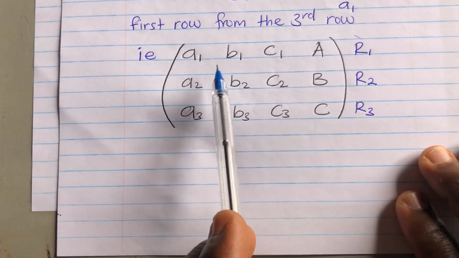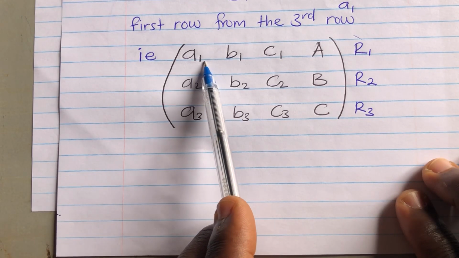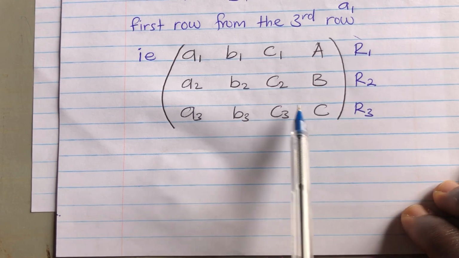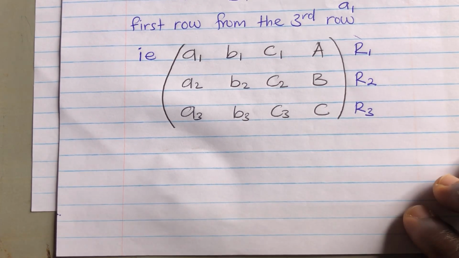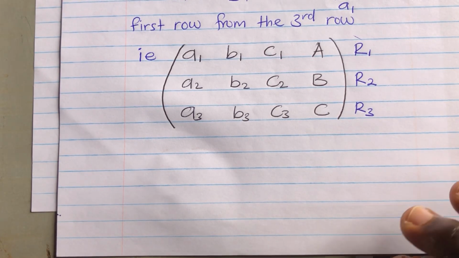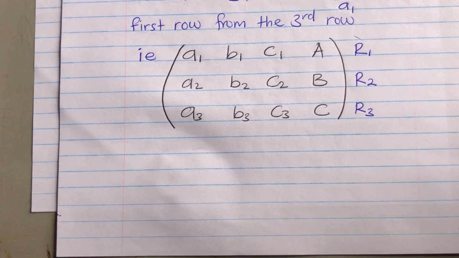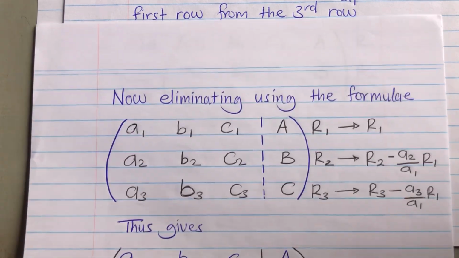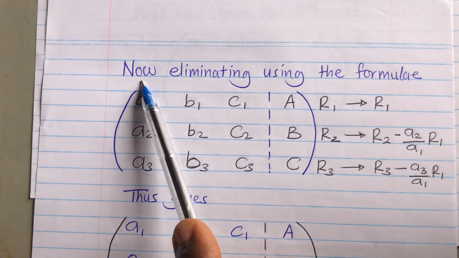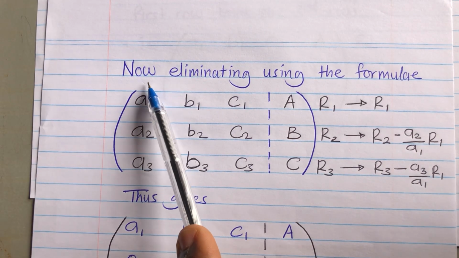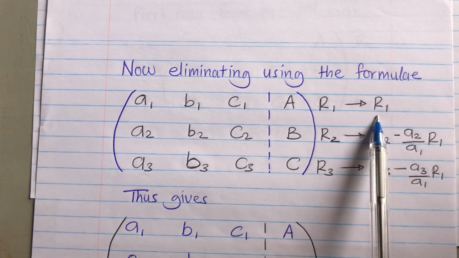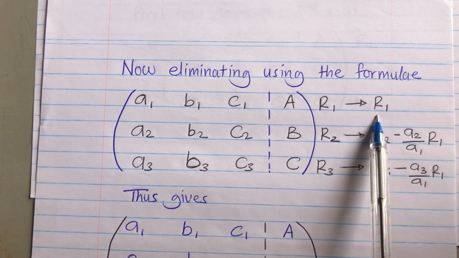First of all, we shall name the rows. This is row 1, row 2, and row 3. So now we are going to subtract and get the new matrix. This is how we are going to do it. Now, eliminating using the formula, the first row will come as it is, untampered with.